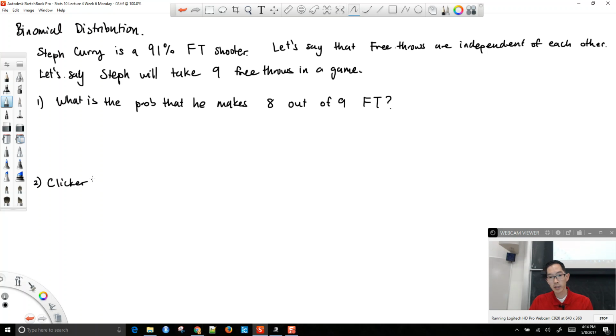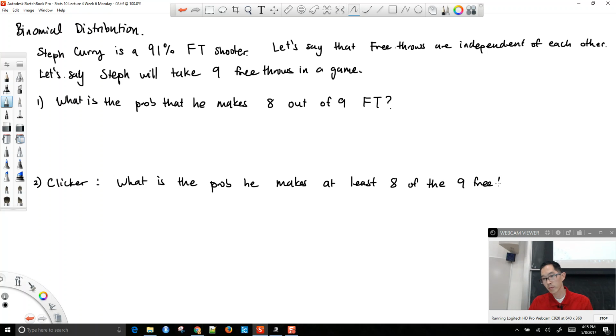And the clicker question will be, what is the probability he makes at least 8 of the 9 free throws? And probably you'll need to answer the first one to answer the second one.